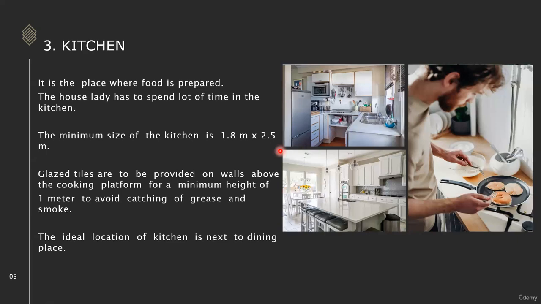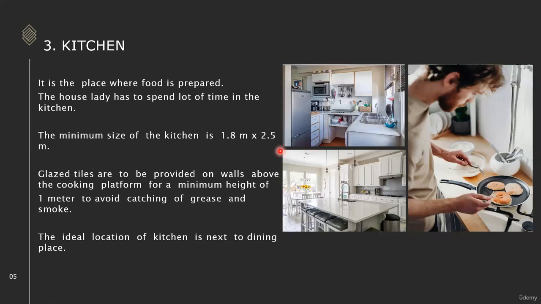And always remember, after the planning of the kitchen, above the top we need to provide glazed tiles of a minimum height of 1 meter, to avoid grease or smoke on that particular area.